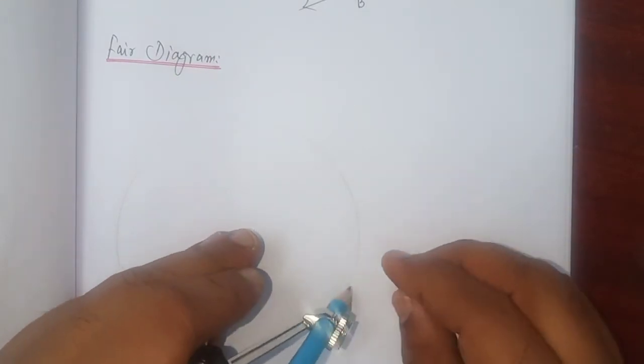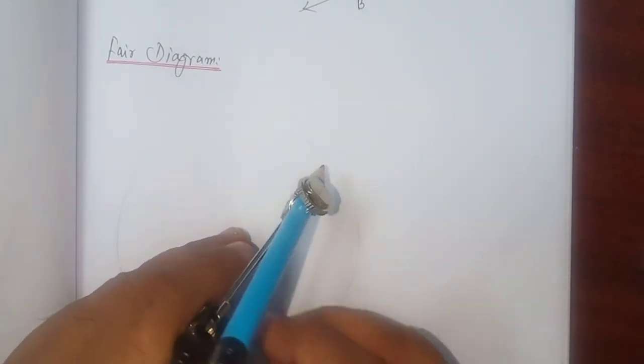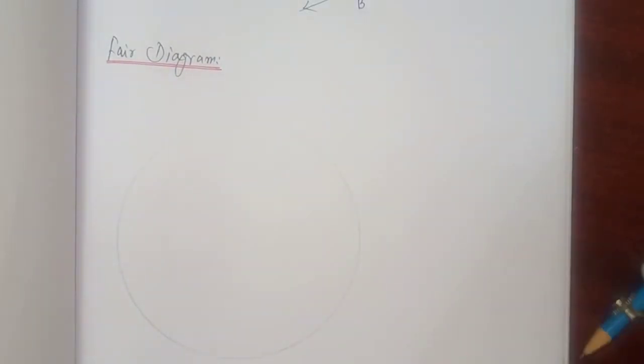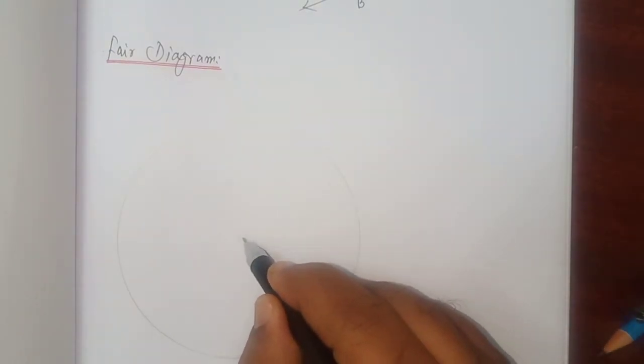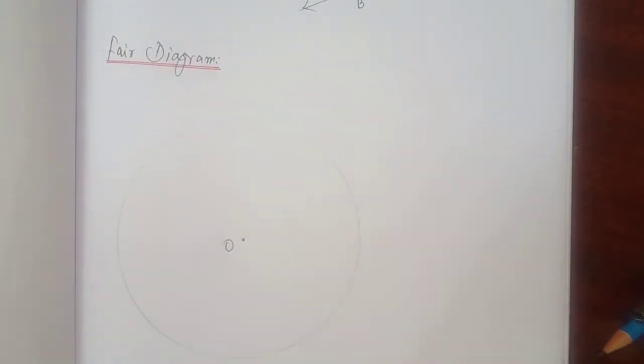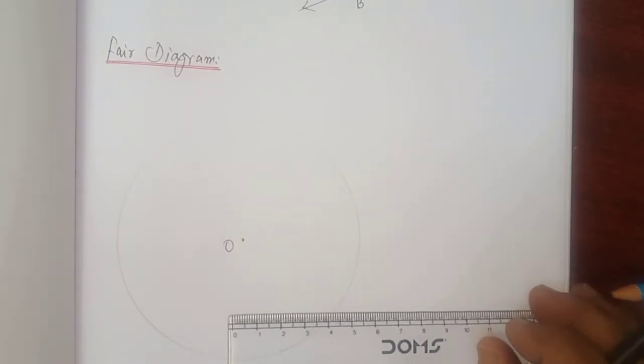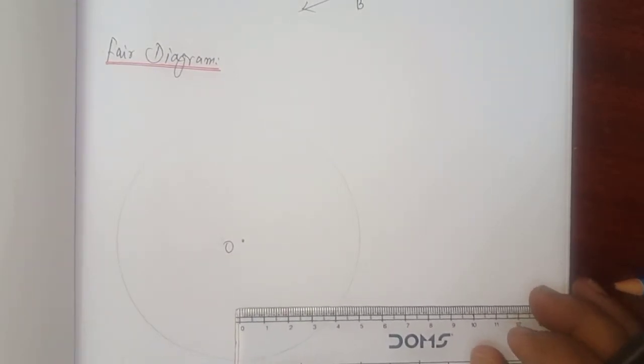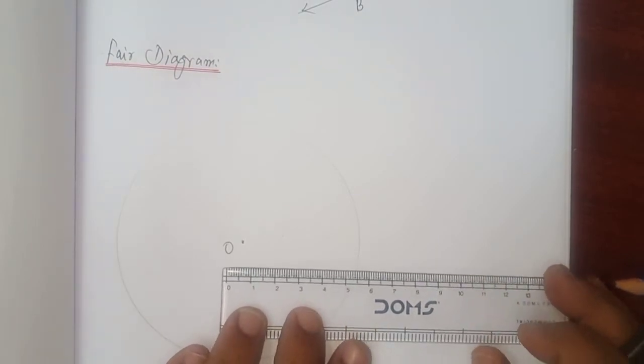The center of the circle, that is O. Now from the center of the circle, you have to take a point P which is at a distance of 10 cm.